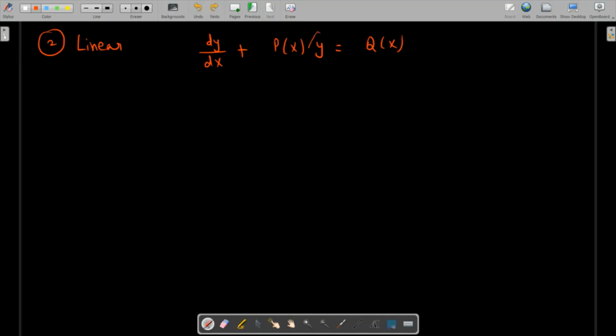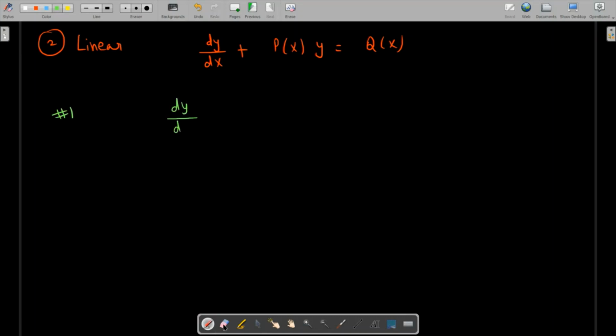So there should be a separate y followed by a function of x, and the right side should not have anything with respect to y, it should have only functions with respect to x. Let's try out a few examples.